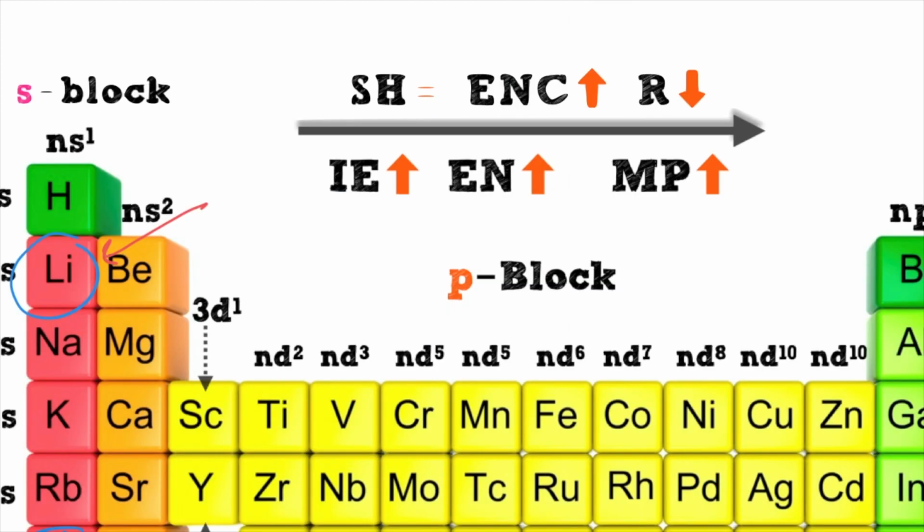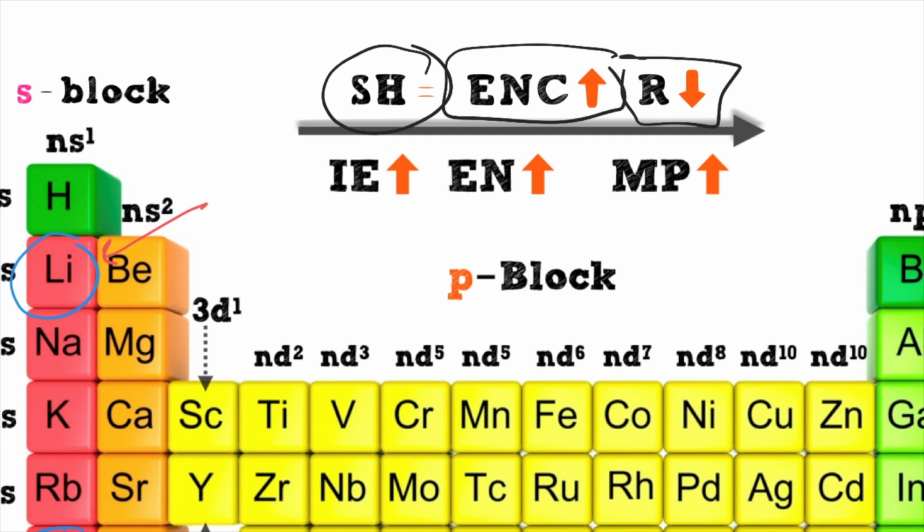Across the period, trends change as follows. Shielding is more or less the same because we have the same number of energy levels. Effective nuclear charge increases simply because we have more protons. The radius decreases because of the effective nuclear charge. So since I have more protons, the radius will drop.